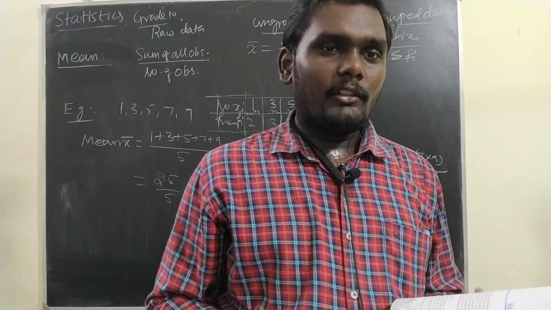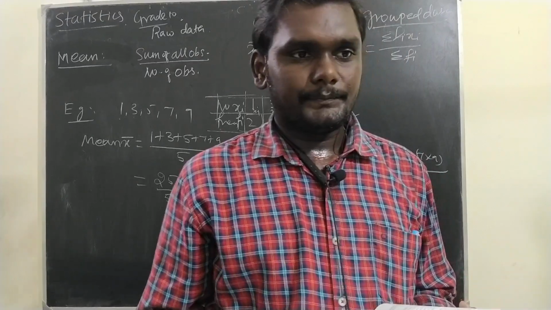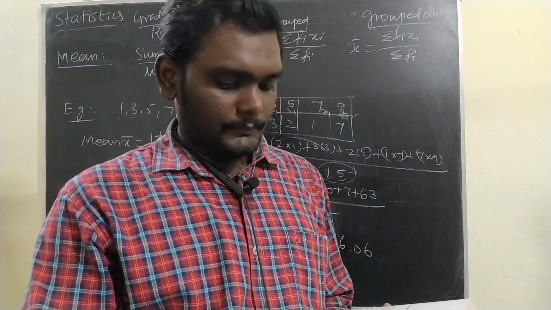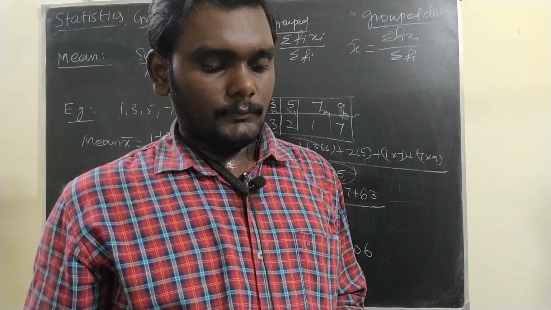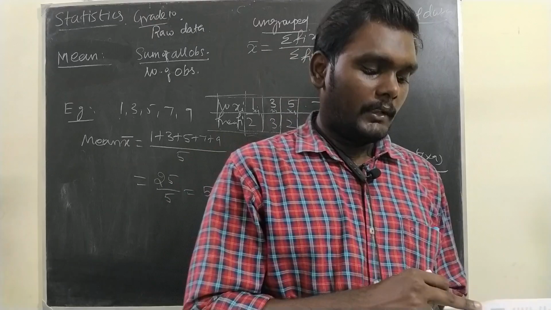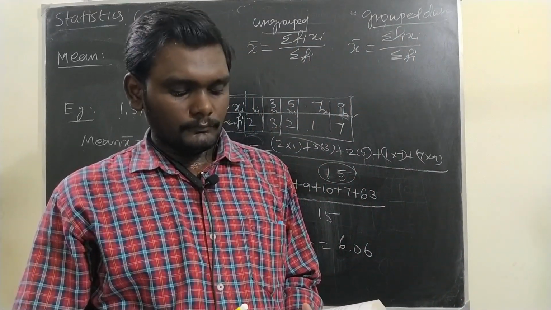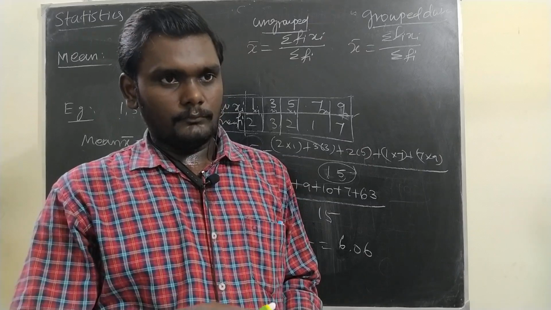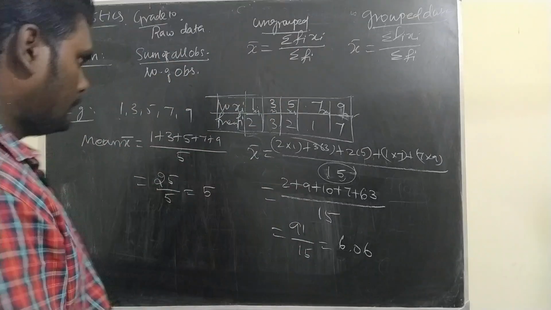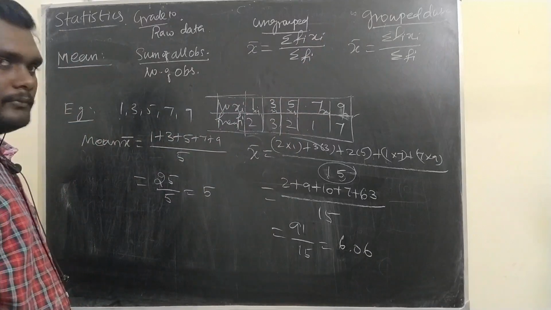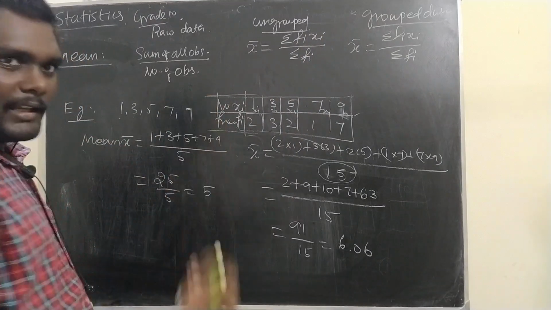By seeing the question, can you say what type of data it is? Is that raw data, ungrouped data, or grouped data? Yes, ungrouped. Then what formula do you have to apply? Fi xi.